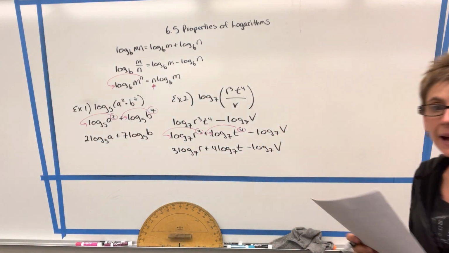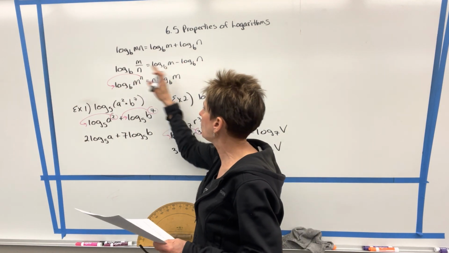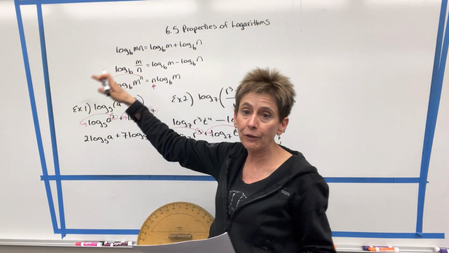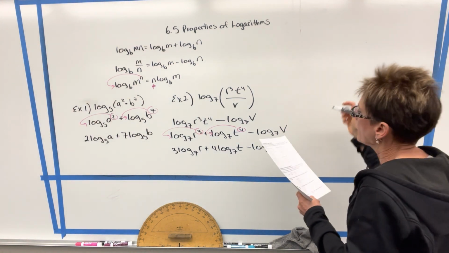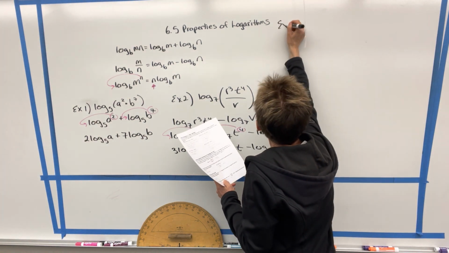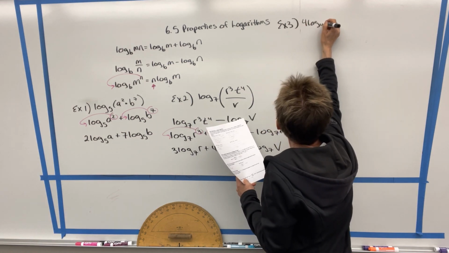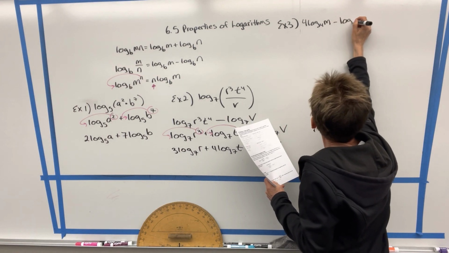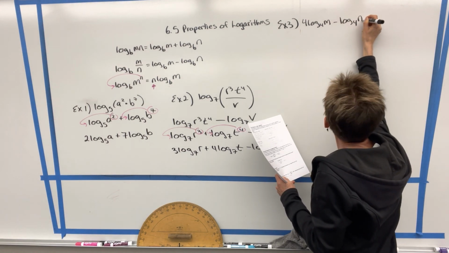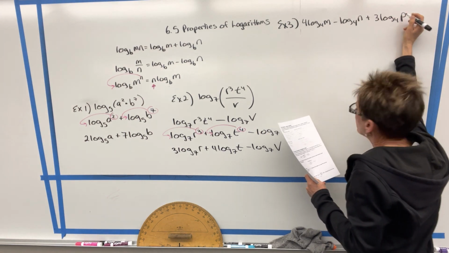Now we're going to work backwards and condense, because any of these properties, we can go either from left to right or from right to left. So let's take an example, for instance, here: 4 times log base 4 of m minus log base 4 of n plus 3 times log base 4 of p.